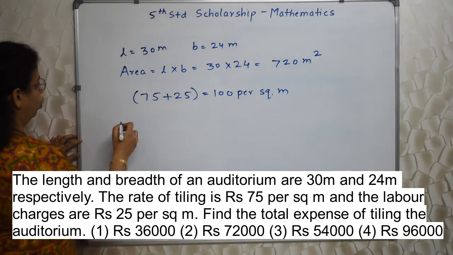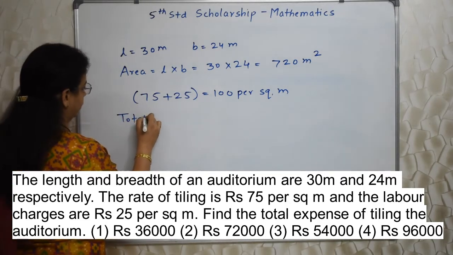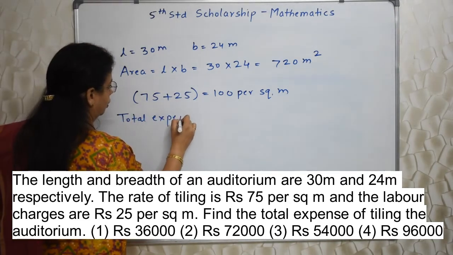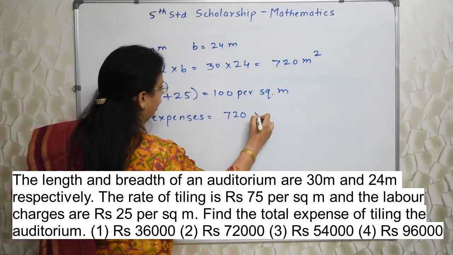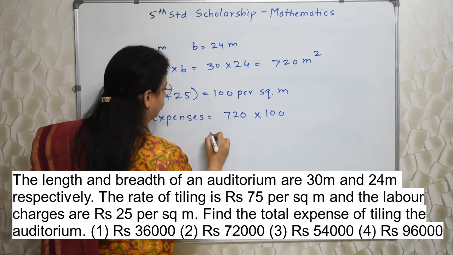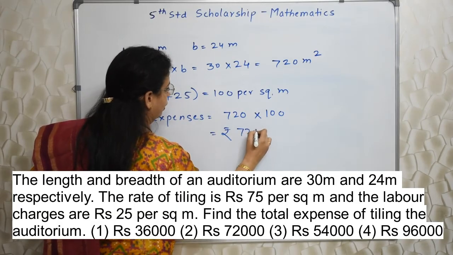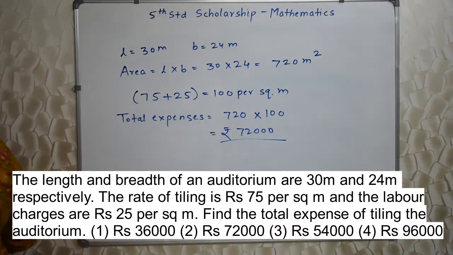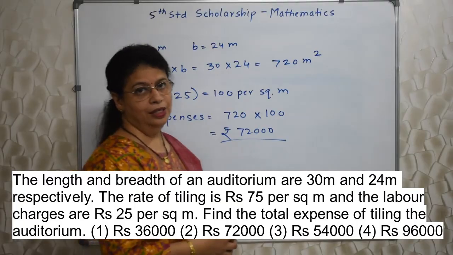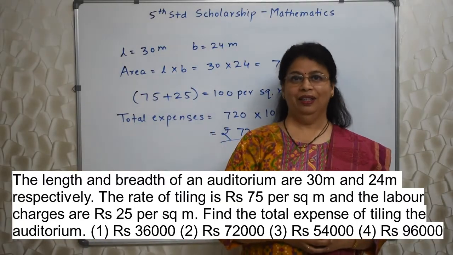So if we want to find out total expenses, our job is very easy. 720, that is area, into rate. So our answer is rupees 72,000. This much total expenses we will have to incur. Okay? So easy, isn't it? Let's move ahead.